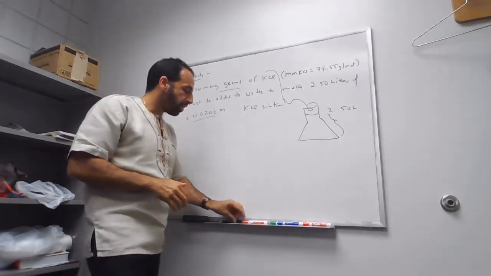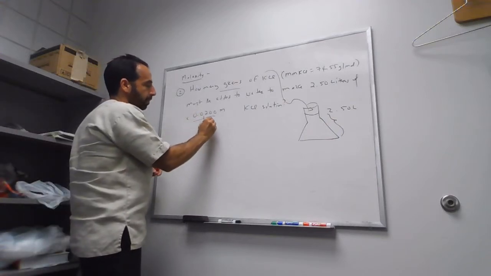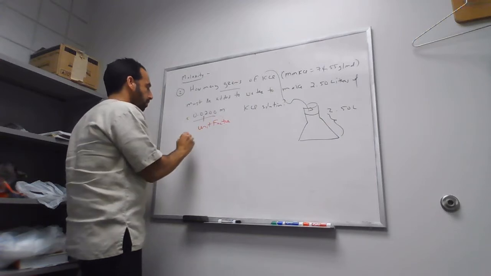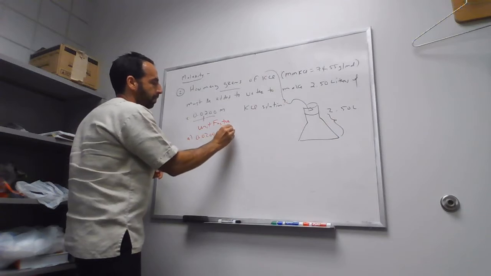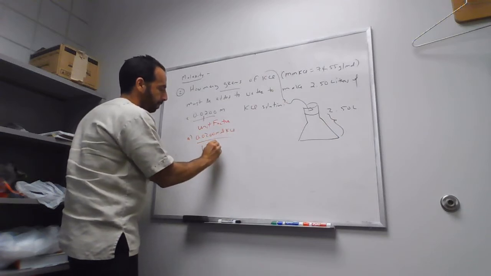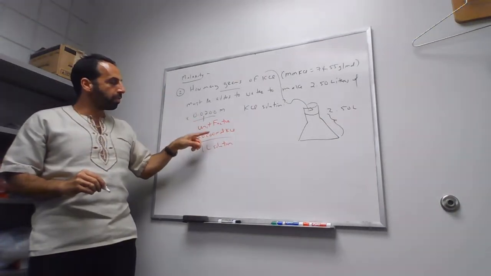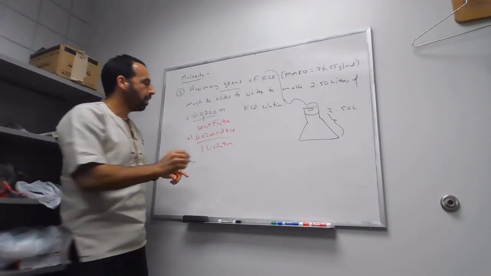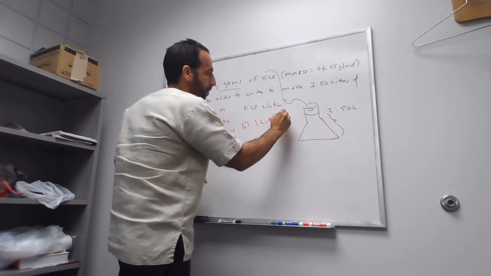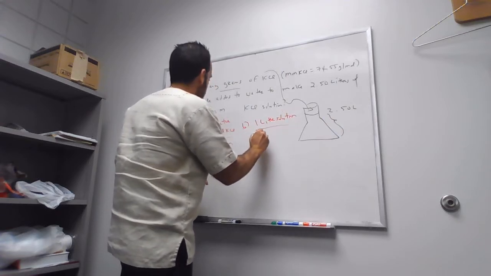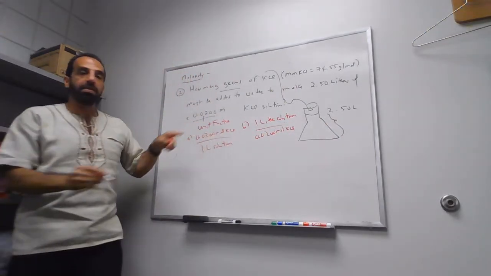A couple of things when I'm doing this. I like to use this concentration as a unit factor. So basically, that 0.0200 means 0.0200 moles of KCl per 1 liter of solution, or I can do the reverse. So I can write this down as 2 unit factors.